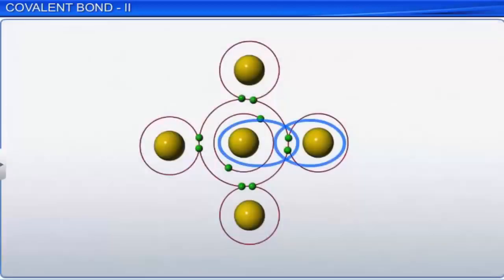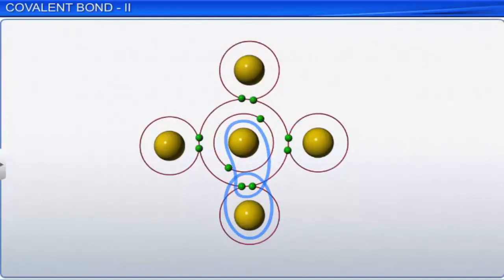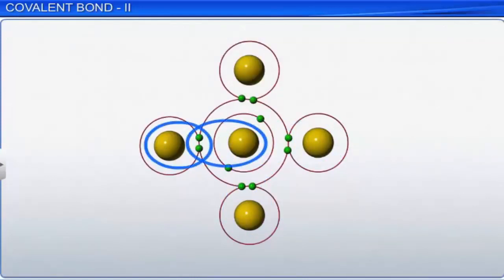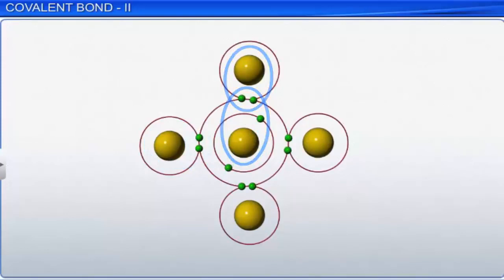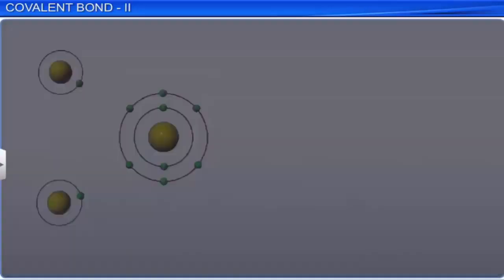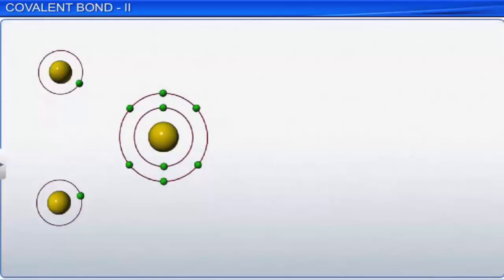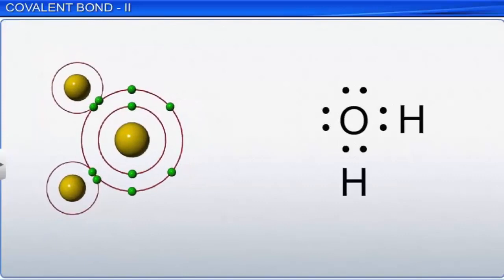Here, the nuclei of both the atoms keep attracting the shared electrons and do not give away any electron completely, unlike ionic bonding. For example, in a water molecule, one oxygen atom shares valence electrons with 2 hydrogen atoms.